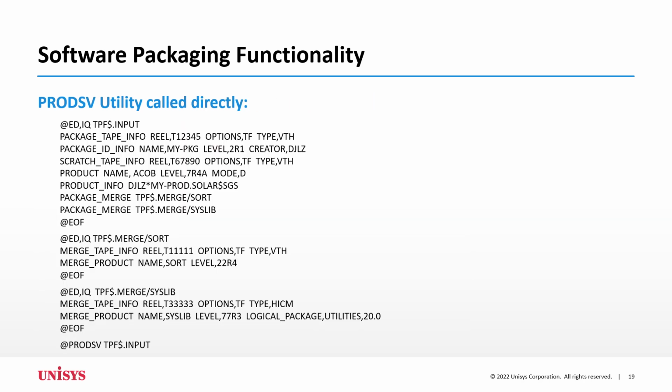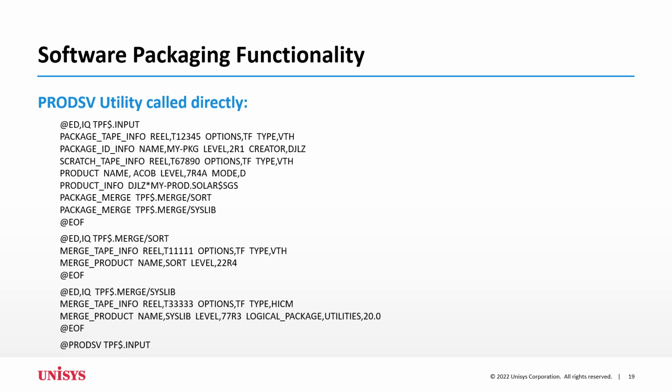You must write SGSs and call the ProdSave utility directly in order to package a product from a Comus build output tape or disk files, a local product, or from an existing software package.